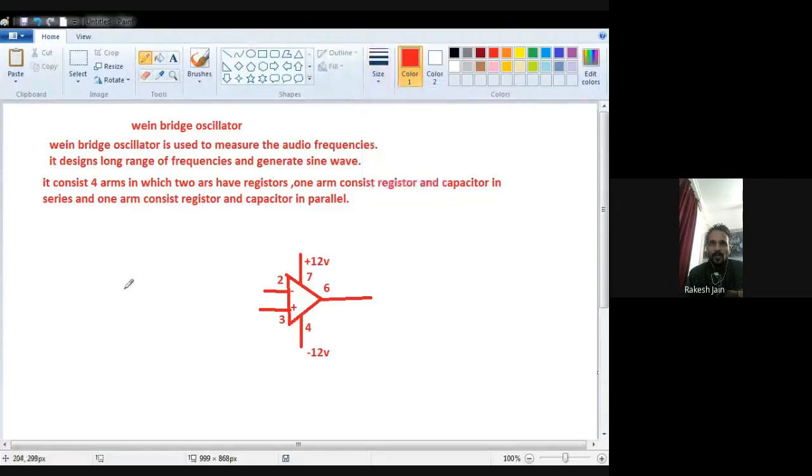So let's suppose this is the arm which contains a resistor and a capacitor in series, right? And this other arm contains a resistor and capacitor in parallel.